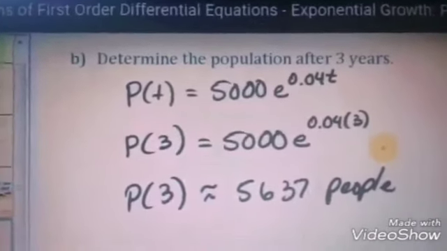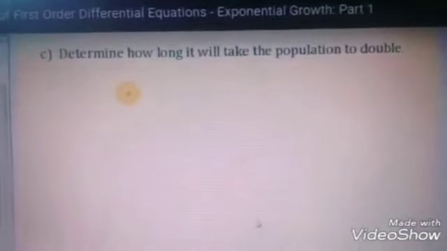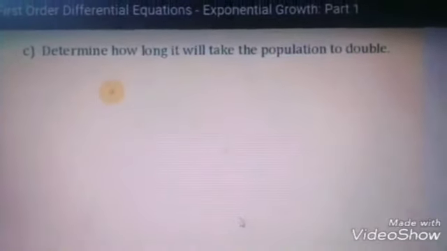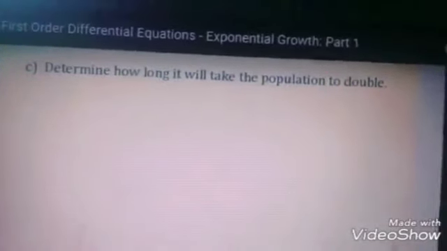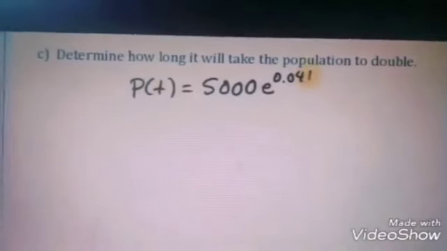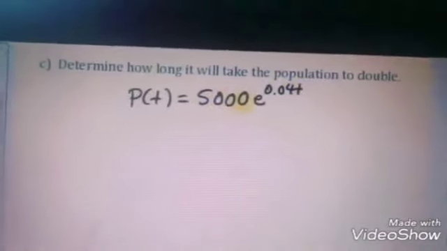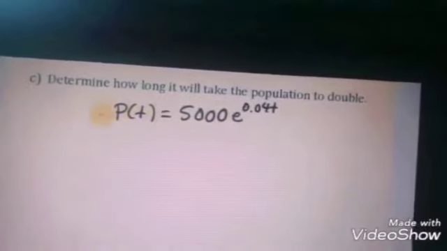Let's continue with question C. The next question is to determine how long it will take the population to double. Again, starting with our population function, the initial population is 5,000. 5,000 times 2 is 10,000.